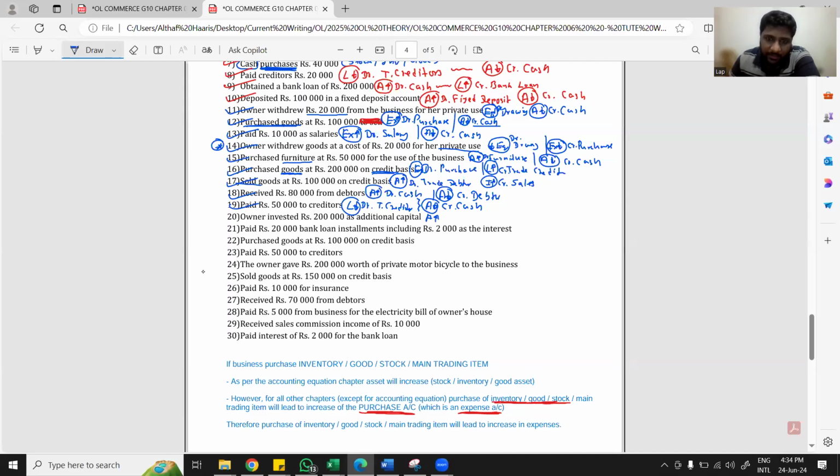Good. Which asset increases? Cash asset. So it is debit. And from the other side, who is bringing this asset? Owner is bringing. So the owner's portion is increasing.